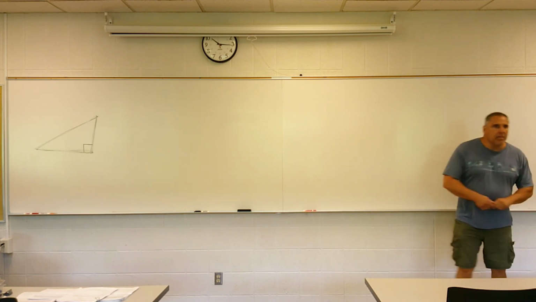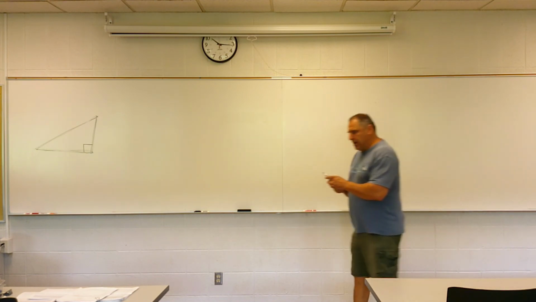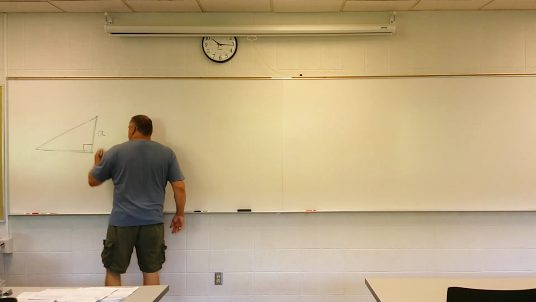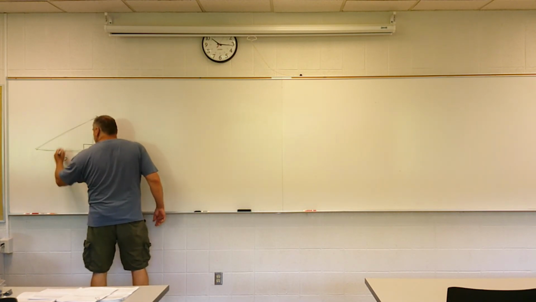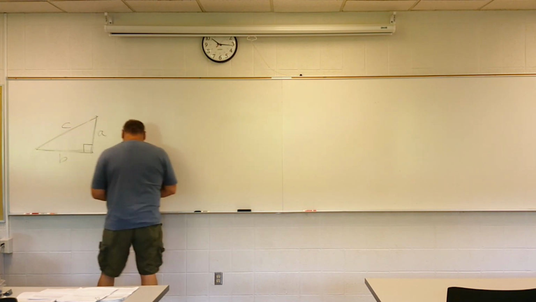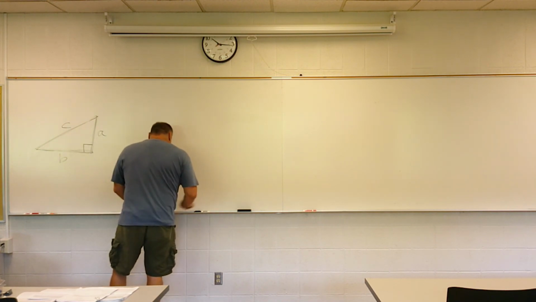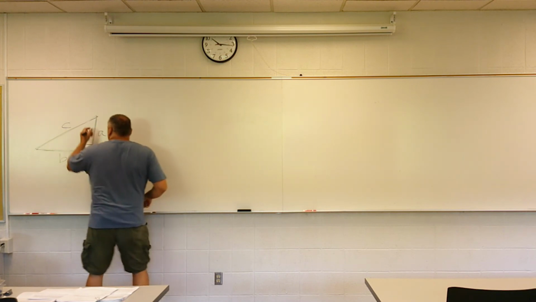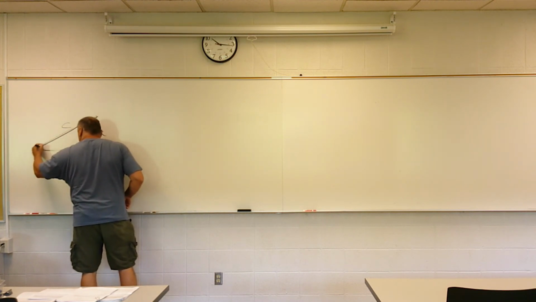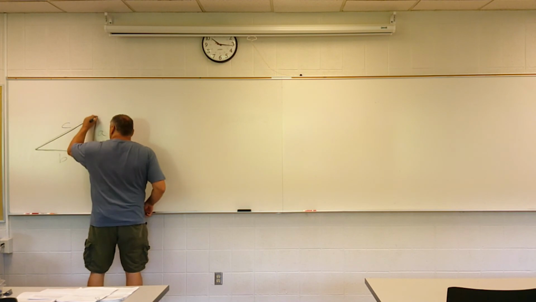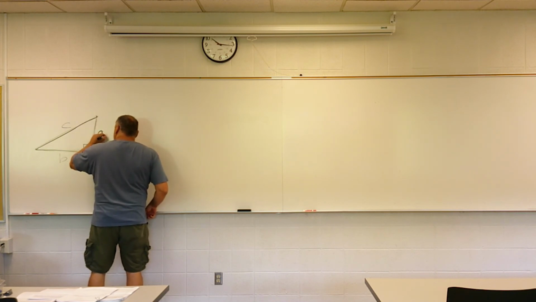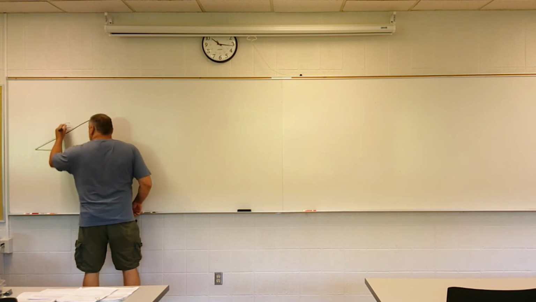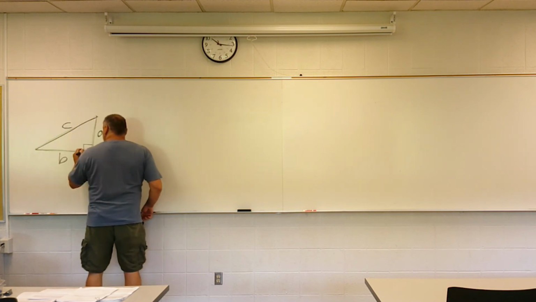If this is A, and this is B, and this is C. So this is A, you guys, and this is B in length, and this is C, and that's a 90-degree angle.